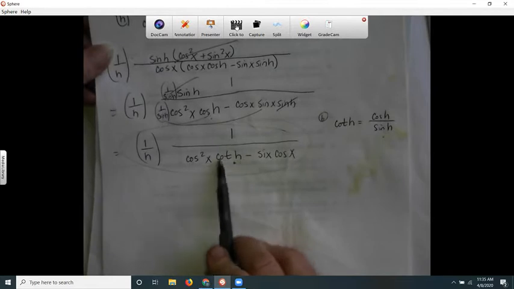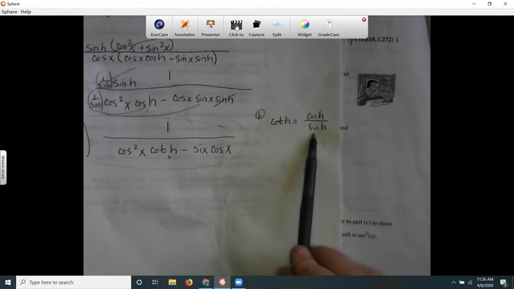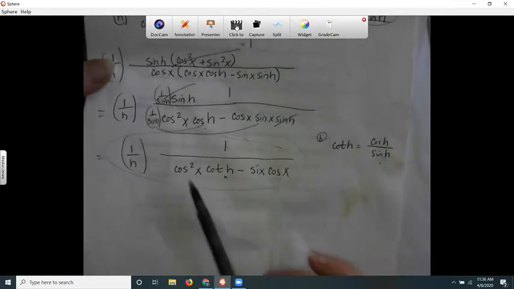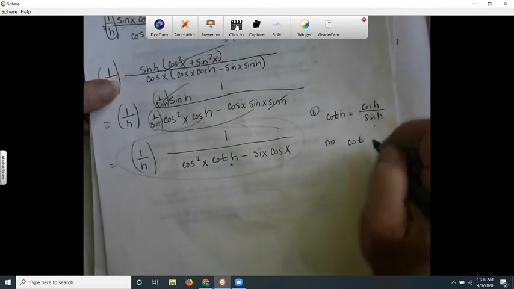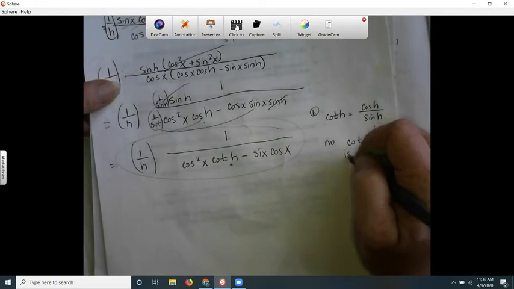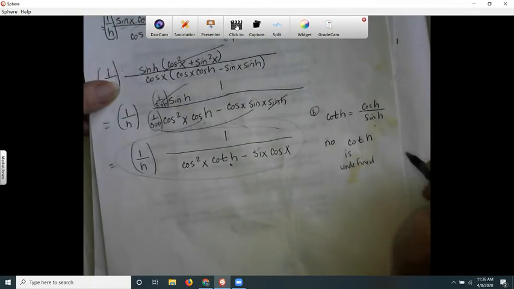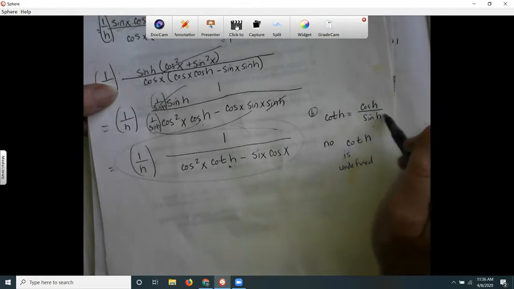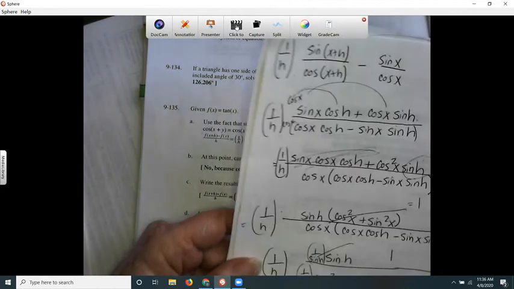Cotangent is cosine over sine, and sine of 0 is 0. So for letter B, you're supposed to say no, because cotangent of h is undefined. So that was letter B.